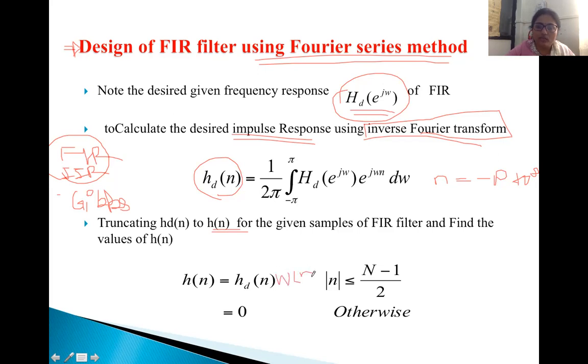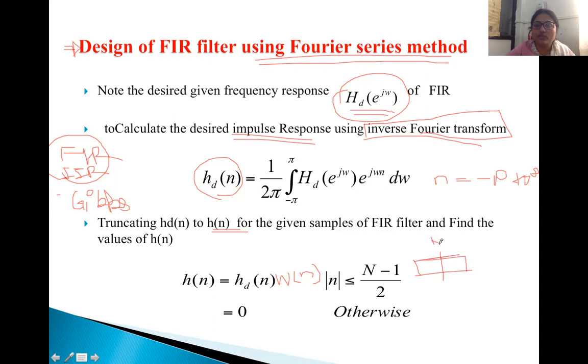Here the value of the window function is 1, which we have considered. So h of n equals HD of n, where the magnitude of n is less than or equal to n minus 1 by 2.